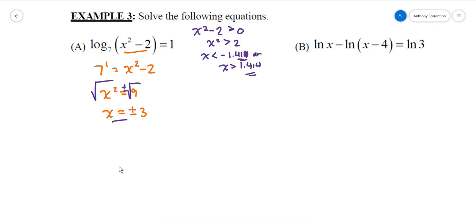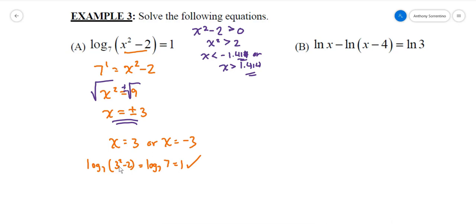Now, don't automatically think that because something's negative, and I'm dealing with logarithms, that it cannot be an answer. I should plug both of these in. If I put the log base 7 of 3 squared minus 2, that's the log base 7 of 9 minus 2, which is 7, that equals 1.